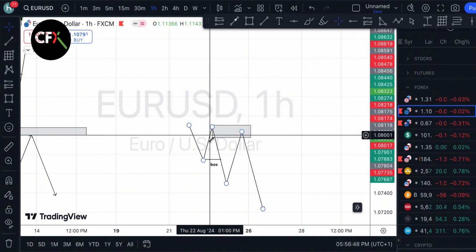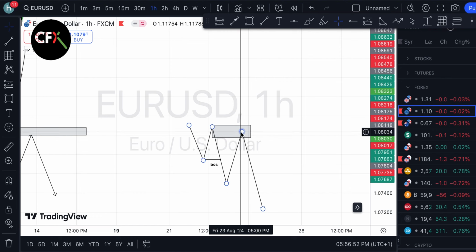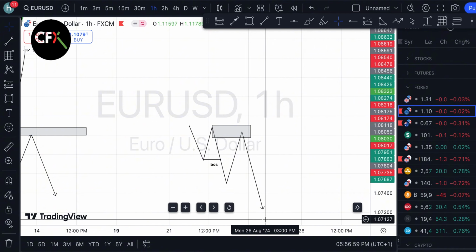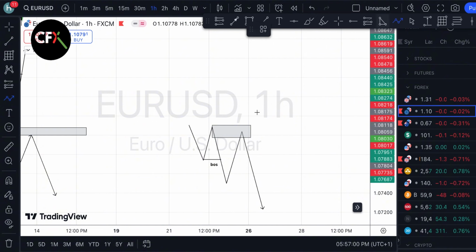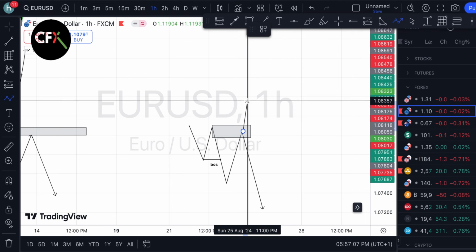So price broke this structure here and price retraced back to the order block. So normally we're supposed to sell from here, but you can see price came to that order block, it was not able to hold and price breached the order block.